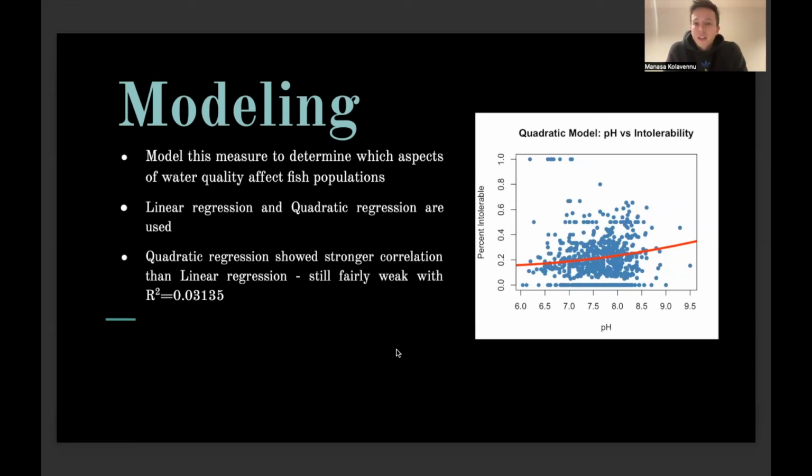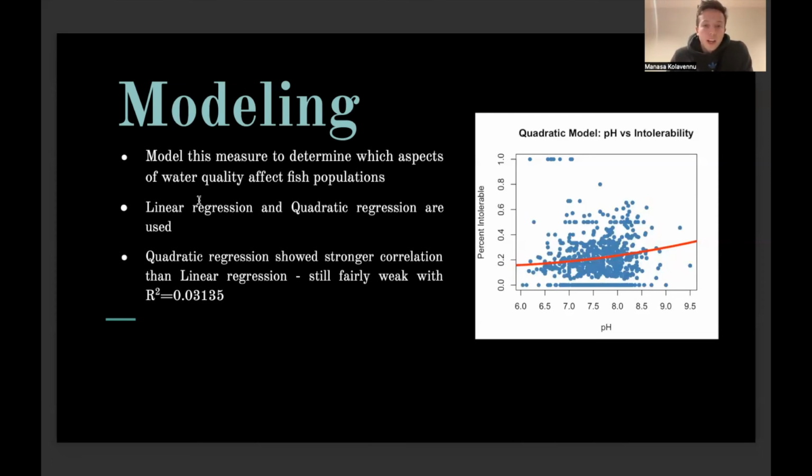So we first tried to look at different variables against the species intolerability, and trying linear regression did not work. The R-squared values just were not there. So we then went back and tried each value with a quadratic regression, a little bit stronger, but again, an R-squared of about 3.135% is not what we are looking for.